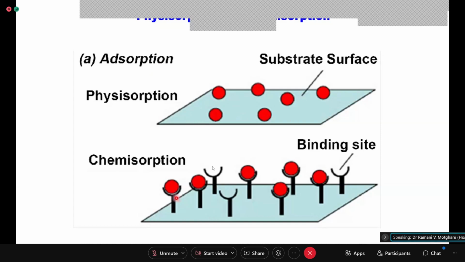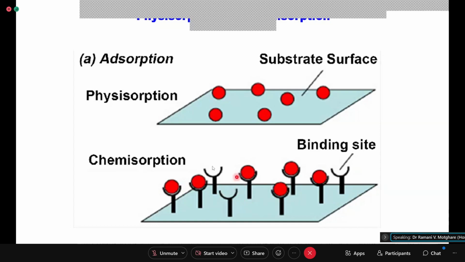Now you can imagine that if this is a circular one, this is a site for this particular thing. Now you can have a different material you can synthesize which will have this semicircular part also. You may have some groove which is rectangular in shape also.